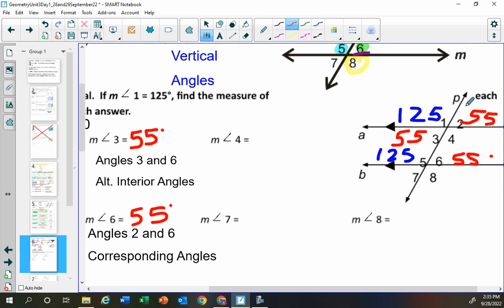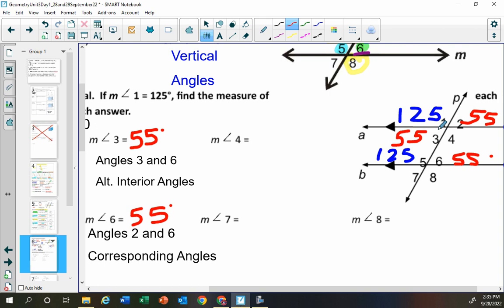Can we get any other angles? So 55, 55, 55. Which other angle might be 55? You didn't do anything to the 3, right? Not necessarily. You could subtract: 180 minus 125 is 55. But also, since angle 3 and angle 6 are alternate interior angles by parallel lines, they're automatically going to have the same measurement.